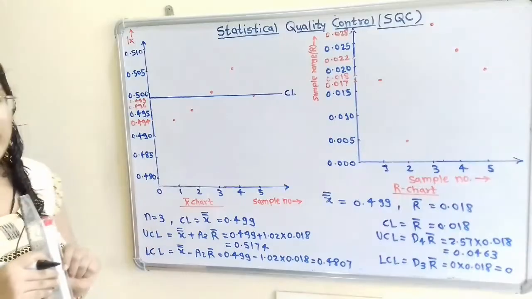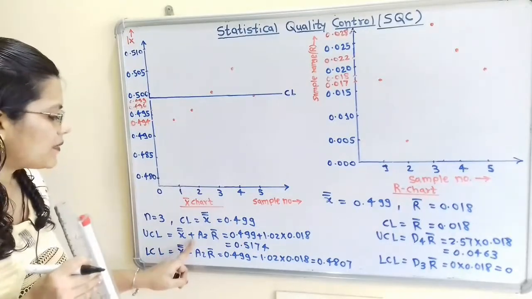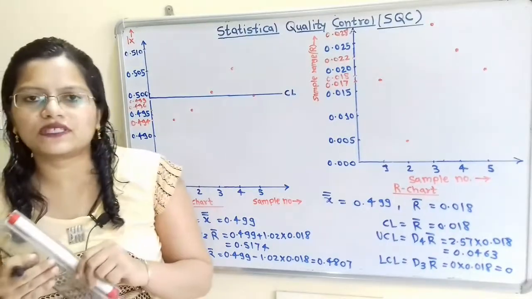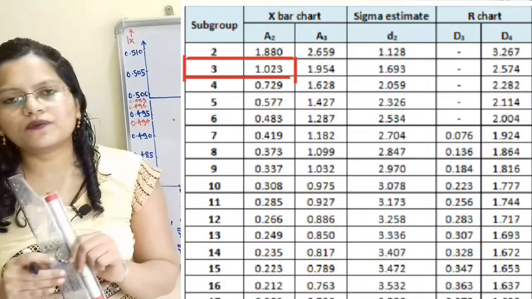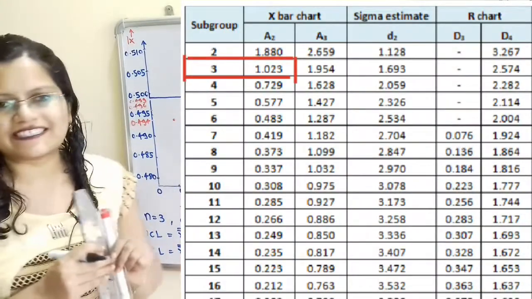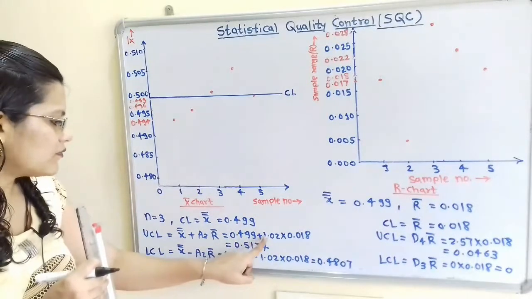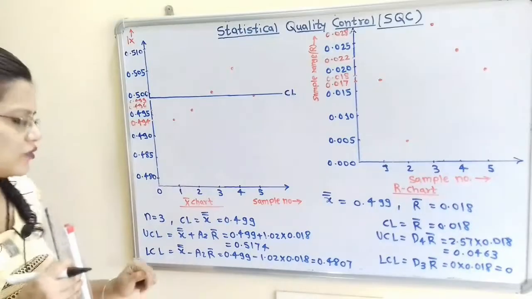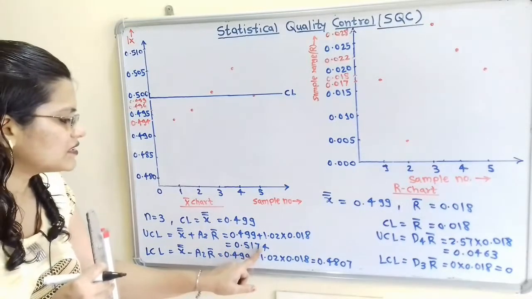Then the upper control limit. The formula is X double bar plus A2 R bar. We have to find the value of A2 from the sample size. The sample size n is equal to 3, and if we observe this chart, for sample size 3 the value of A2 is 1.02. So we take 0.499 plus 1.02 into 0.018, because R bar is 0.018. When we calculate this, we get 0.5174.